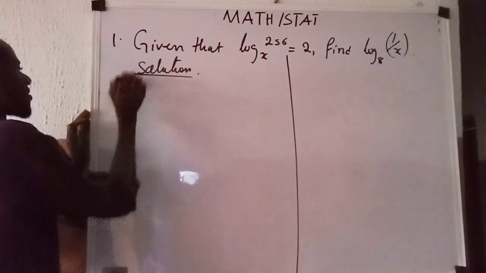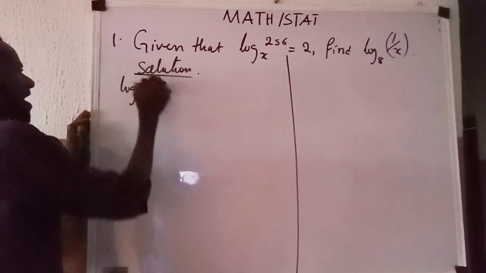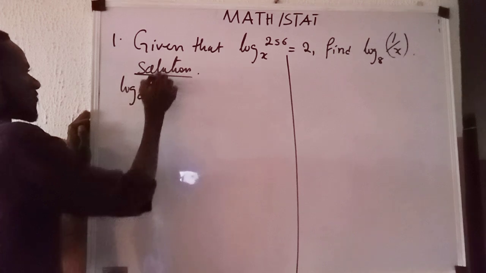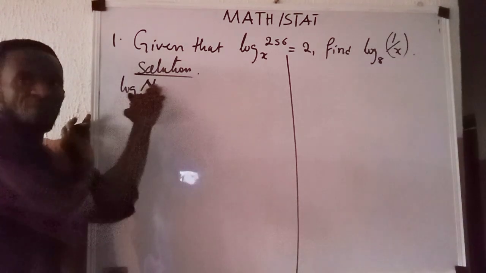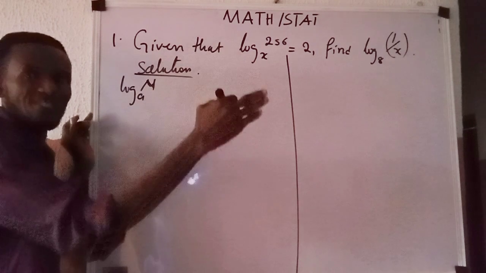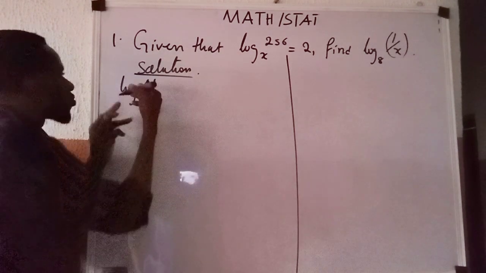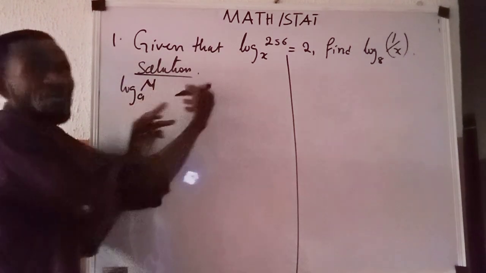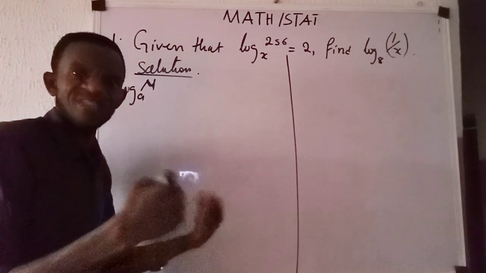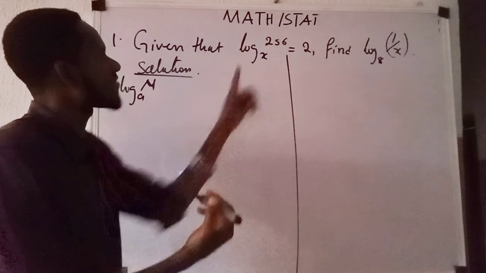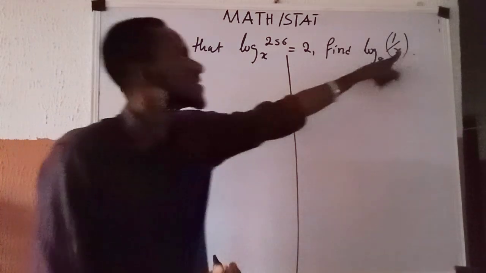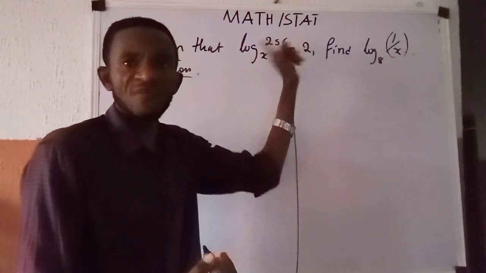You are given log of n in base A, and you are to convert this log of n in base A into indices. What you do is, you equate this log of n to base A to any letter of your choice, be it x, be it y, be it anything. But it is more convenient for me to use x because it is x that is unknown which I am looking for in this expression.